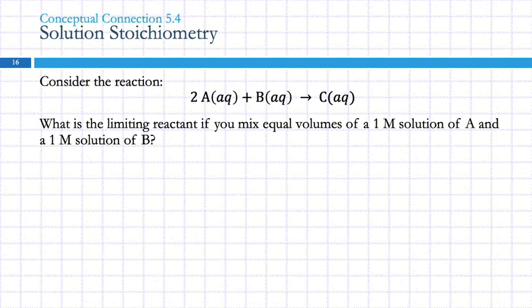But let's think about this. If I have 1 molar A and 1 molar B, and I have equal volumes of both of them, what does that tell me about the number of moles of each of them? They're the same, right? So the moles of A in this mixture are equal to the moles of B. Equal volumes of equal concentrations.